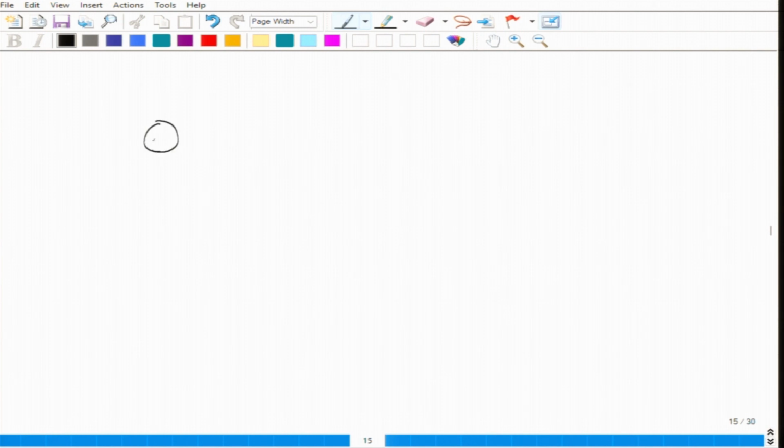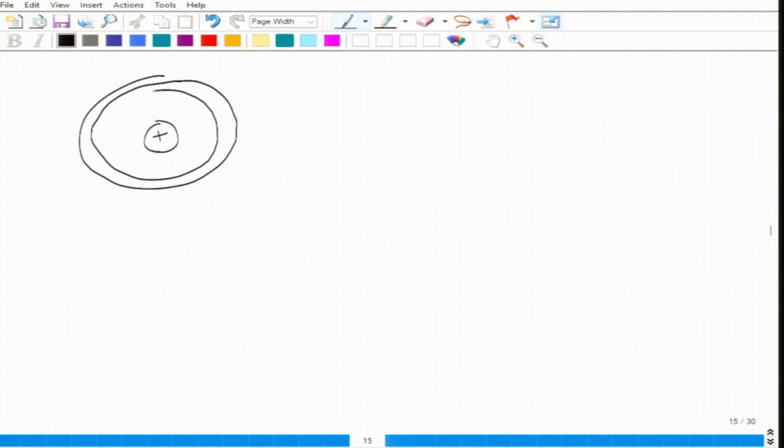If at first the orbit was like this, after losing some energy it will come inside, and gradually as the electron emits radiation, the orbit will go on decreasing.